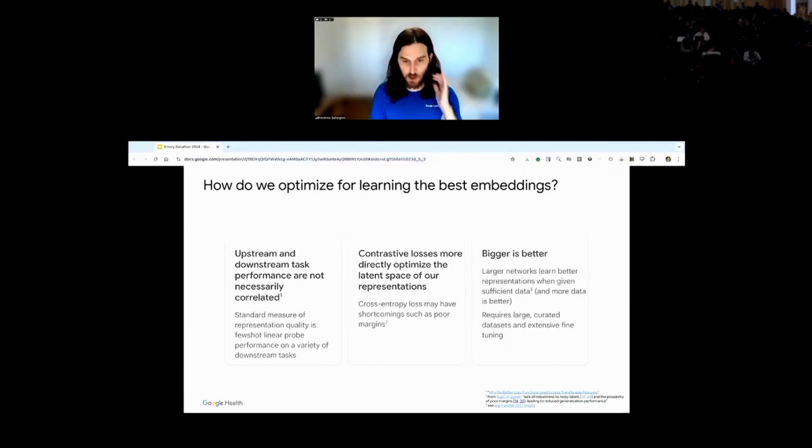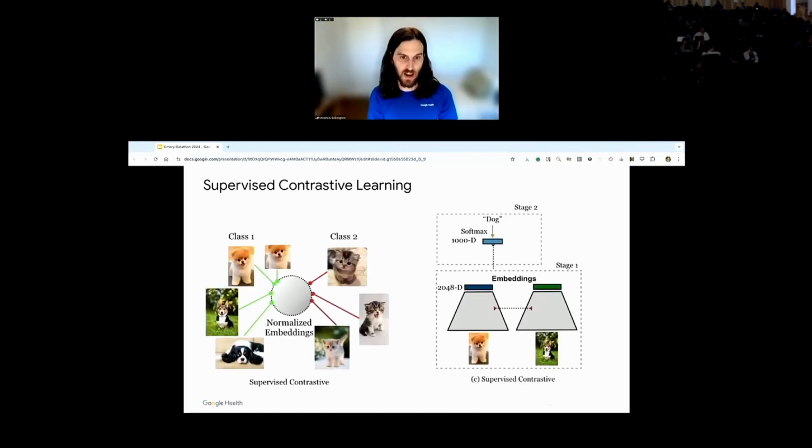So cross-entropy loss is your typical classification design task, and also that bigger tends to be better for these foundation models. So we use larger networks, basically as large as possible, the largest possible image resolution, the largest possible data sets that we can get for this. And again, the point is to lean into where we have an advantage that others might not, and then pass on those advantages.